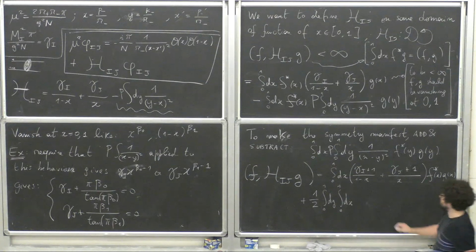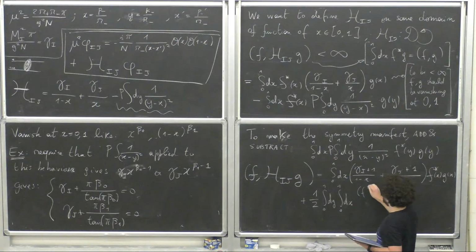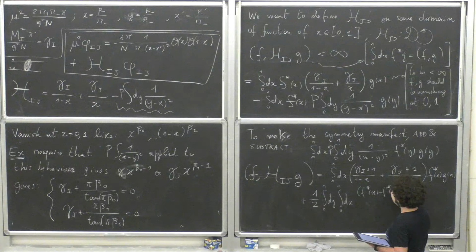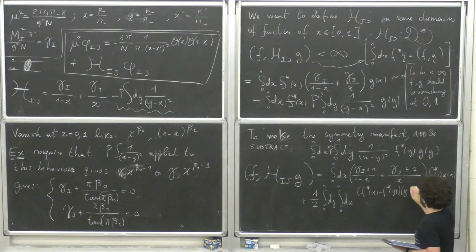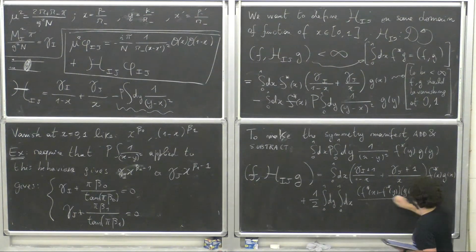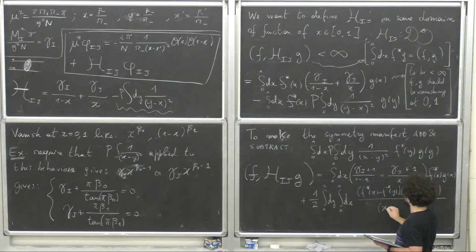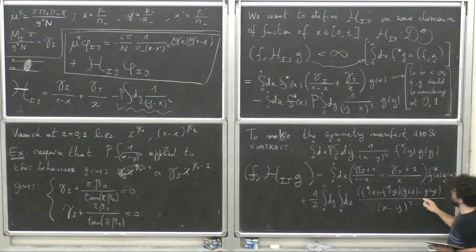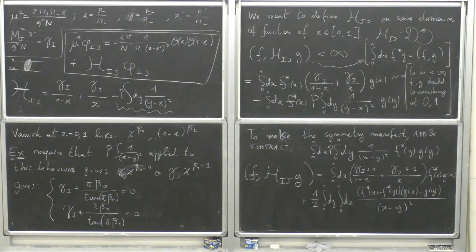And now it's f star x minus f star y multiplied by g x minus g y divided by, so since now I have zeros in the numerator, I don't need to really put anymore the principal value, okay?